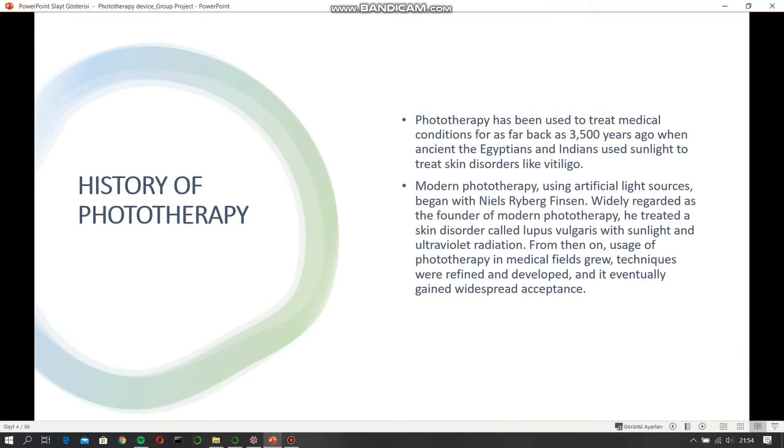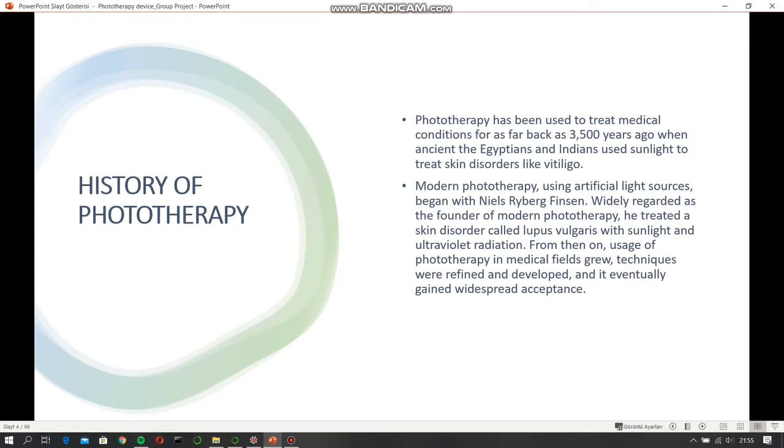The history of phototherapy: phototherapy has been used to treat medical conditions as far back as 3,500 years ago, when the ancient Egyptians and Indians used sunlight to treat skin disorders like vitiligo. Modern phototherapy using artificial light sources began with Niels Finsen.